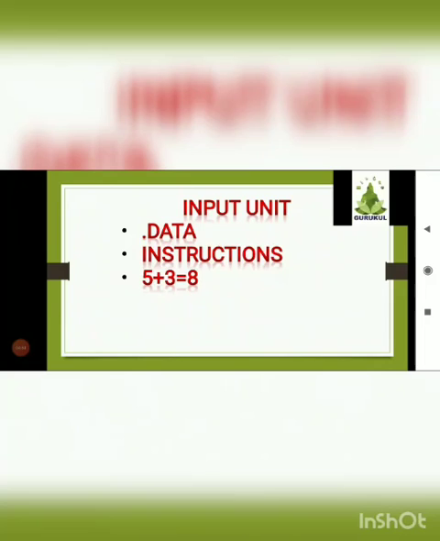Here the main function of an input unit is to convert the human language into the computer readable language to make the computer understand what we need to do with the data. So this is the basic function of an input unit.